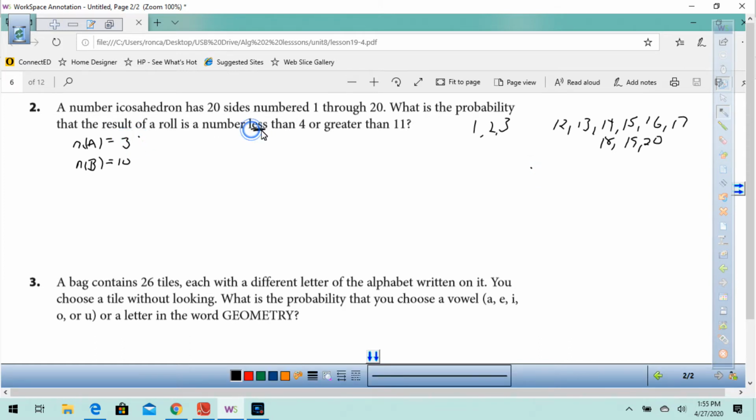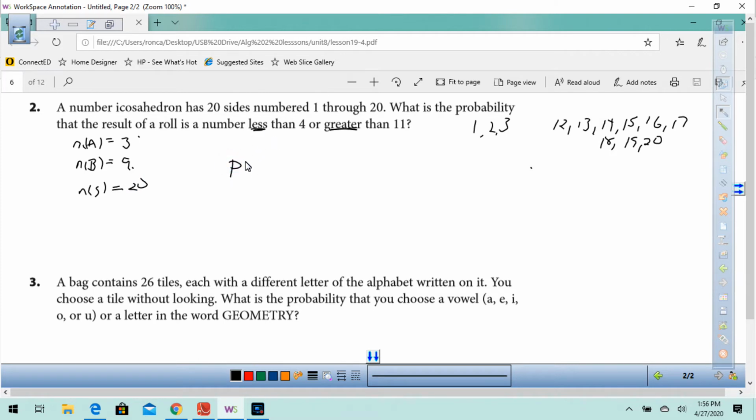Okay. Less than and greater than. So we got 1, 2, 3, and then 1, 2, 3, 4, 5, 6, 7, 8, 9, and 9 for the number of B. The number in the sample space is going to be 20.